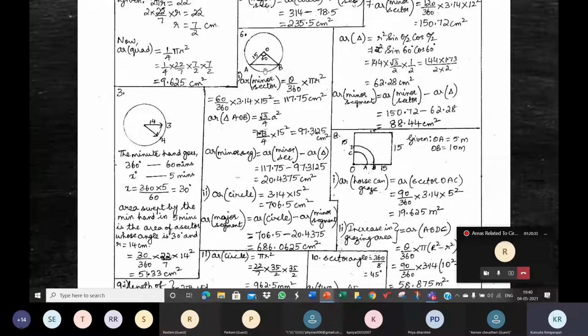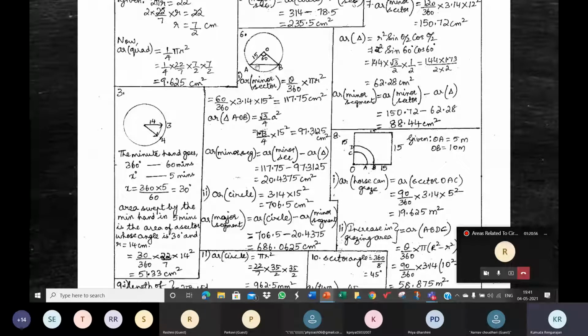The length of the chord is not given as 15 centimeters. Here, because the sector angle is 60 degrees, it is going to be 15 anyway, but read the question carefully. AB is the chord of the circle of radius 15 centimeters.